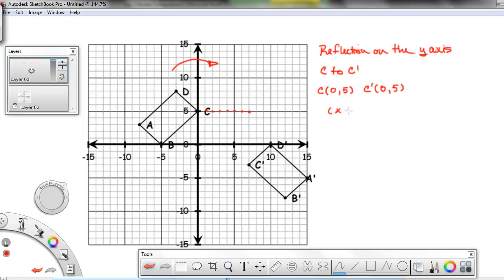When I count over, C goes to the right 7, and then down 1, 2, 3, 4, 5, 6, 7, 8.